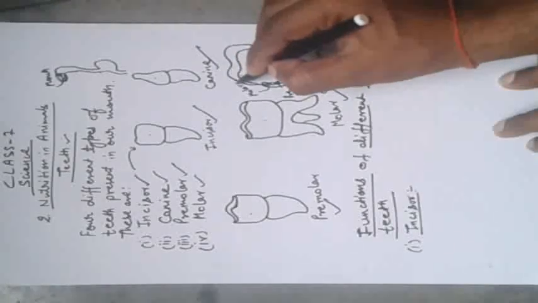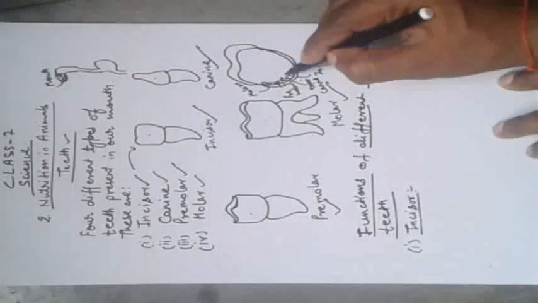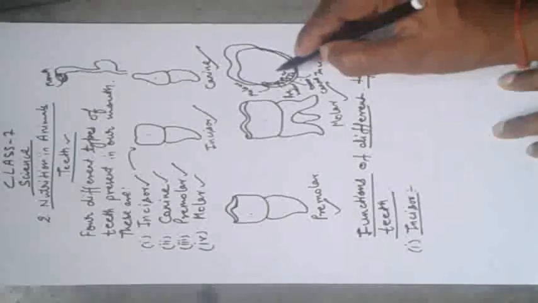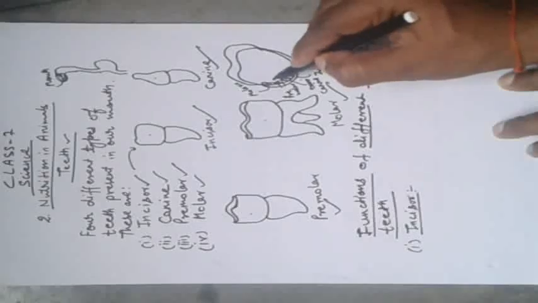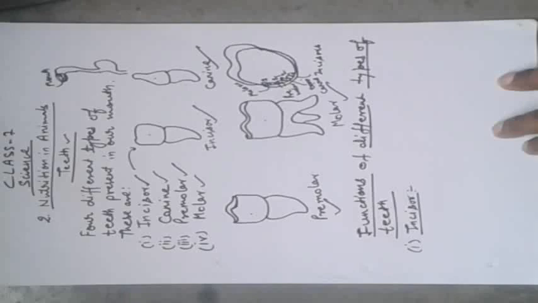So if we count: two incisors, one canine, two premolars and three molars.